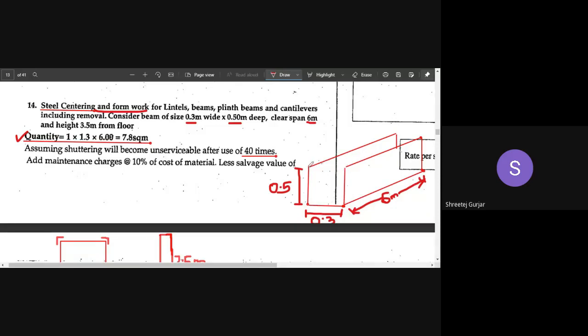We are calculating the perimeter, 0.3 plus 0.5 plus 0.5, and this perimeter is multiplied by the span. So calculate 0.5 plus 0.3 plus 0.5. Can you tell me what is this perimeter number?